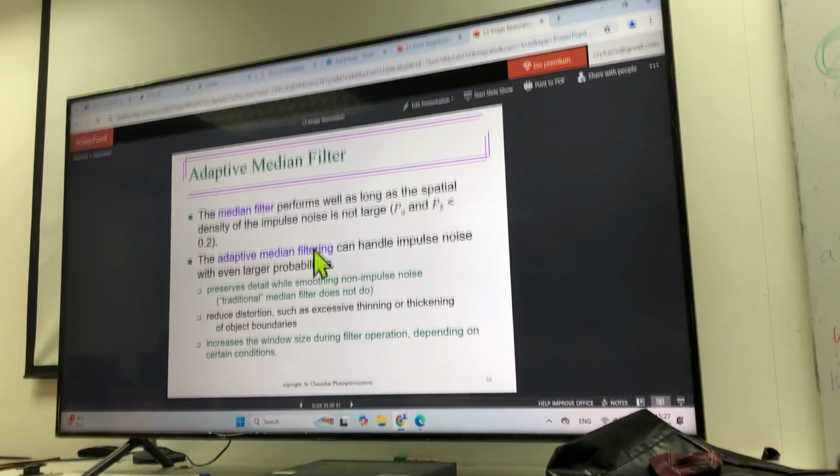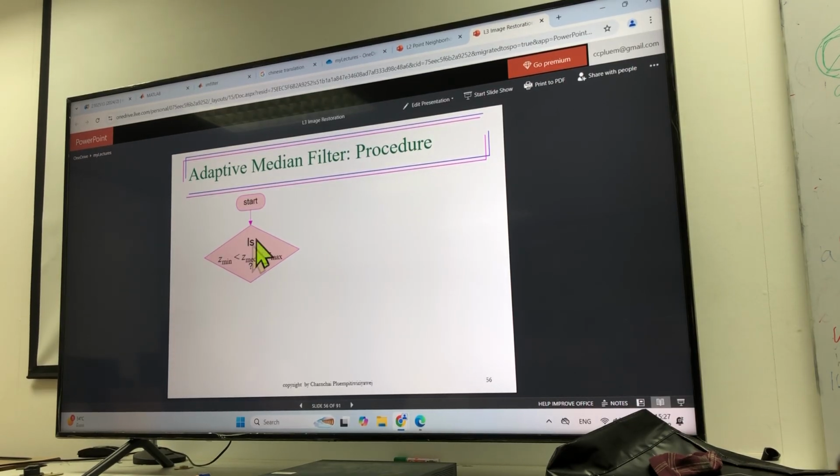This is the flow chart. You start and figure out whether the median value is between min and max.